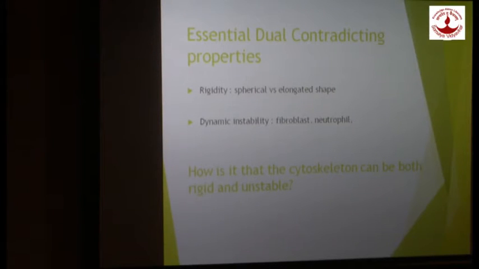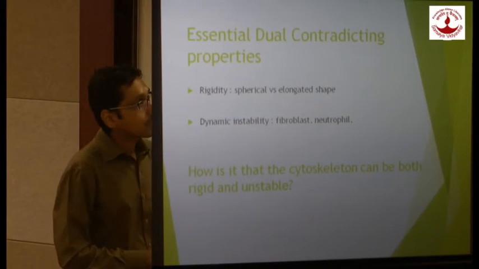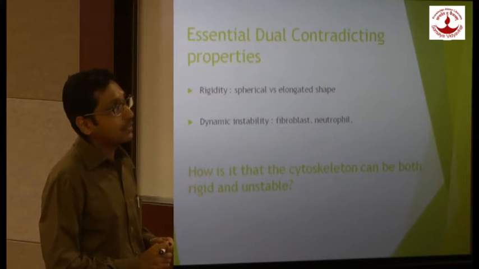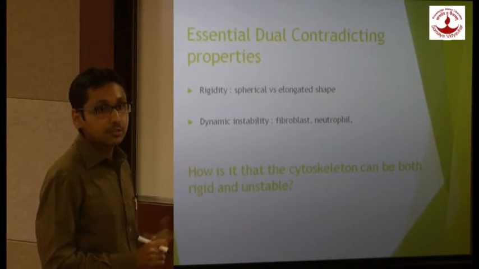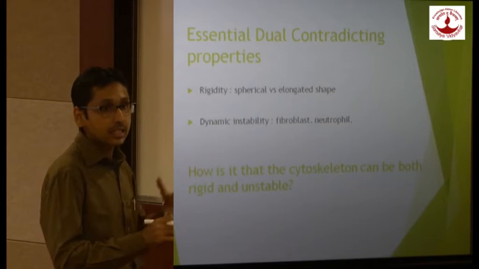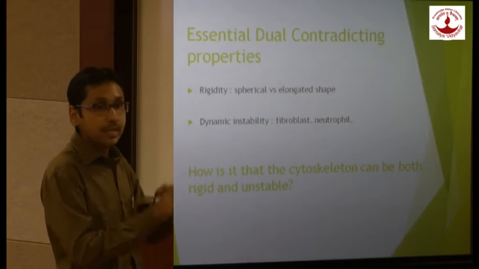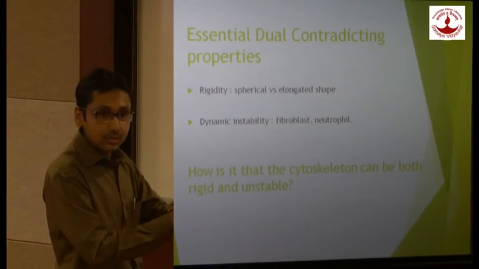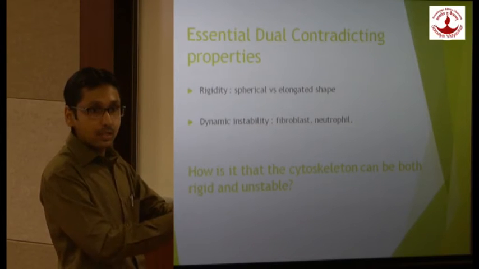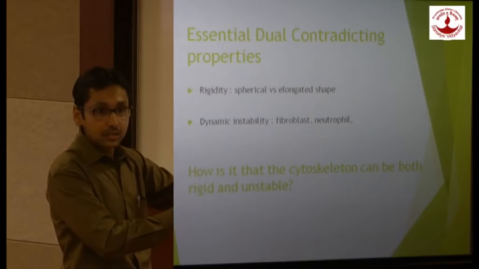If we say this is just one property, what will happen if the cytoskeleton is just rigid? The neutrophil, which is pursuing a chemoattractant or a target, will start making actin filaments, and if the actin filaments are so stable that once they are formed they stay, the neutrophil will just pause.